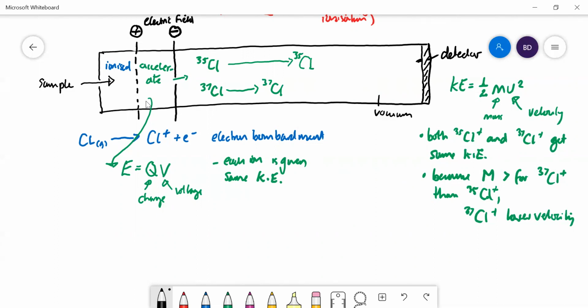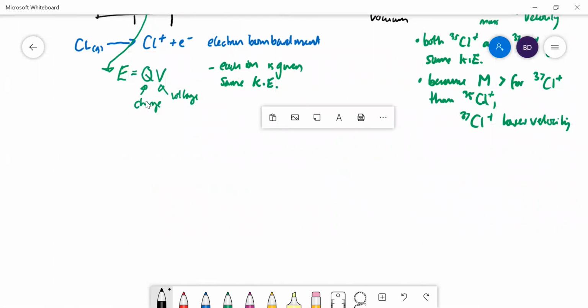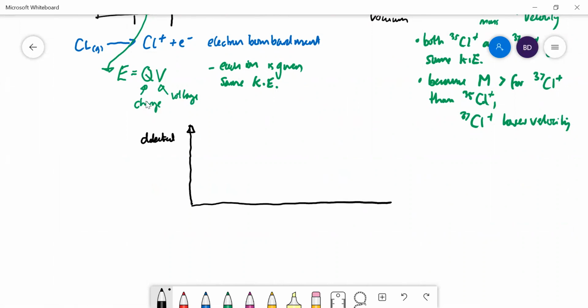Okay. Now we'll talk about how the detector works in a minute. It's not just that, but let's just think about what we get here. So if we got a, this is detected, and this is time. You're going to get two little peaks here, aren't you? You're going to get two little blips.